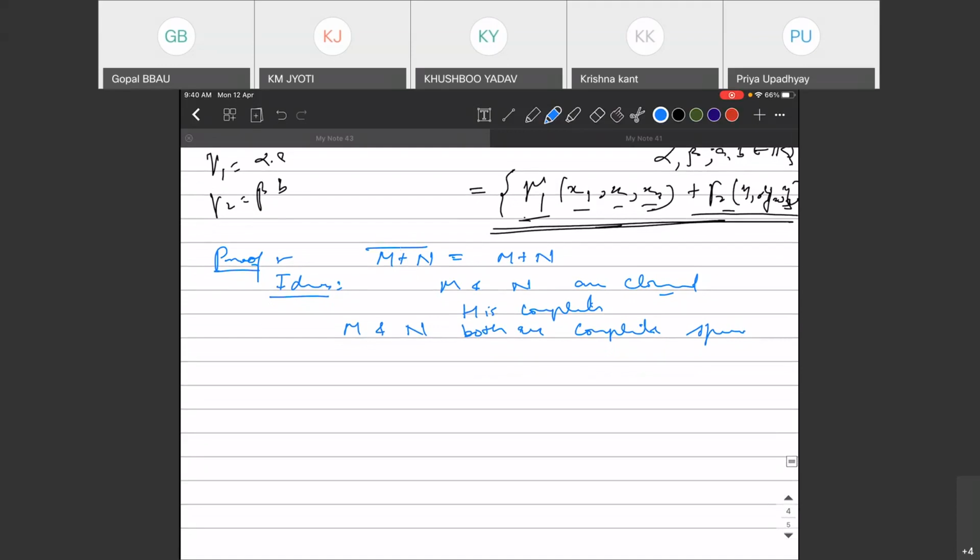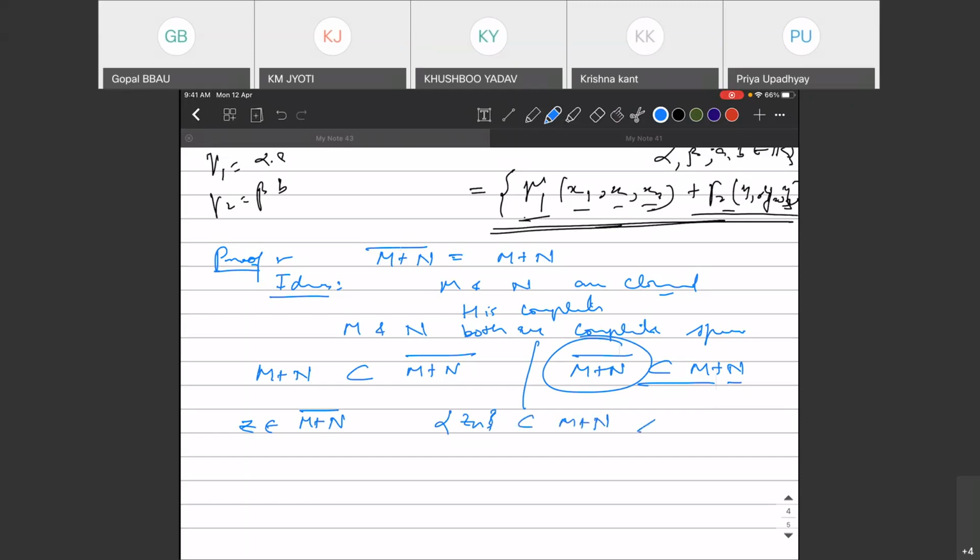So it is always true that M plus N is a subset of the closure of M plus N. It is always true. So what we will prove is that the closure of M plus N is a subset of M plus N. So take any element Z in the closure of M plus N. By definition of closure, there exists a sequence Zn in M plus N such that Zn converges to Z. But Zn is in M plus N for all n.